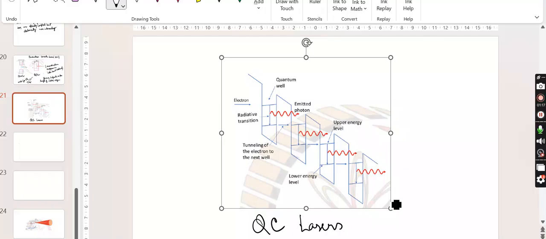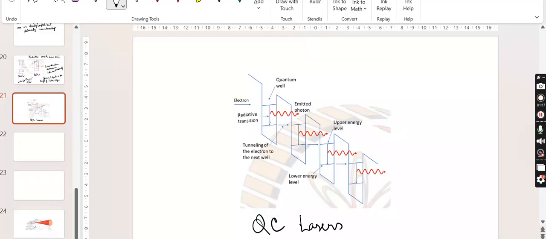So the same electron is transferred from the upper level to the lower level multiple times, and that upper and lower level difference is the same, so they emit photons at the same frequency, but the intensity is increased. We do that to increase the optical power.